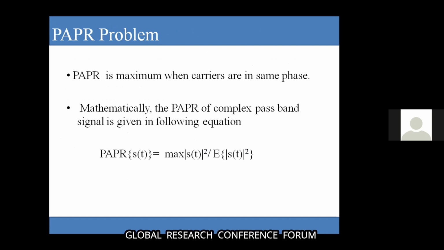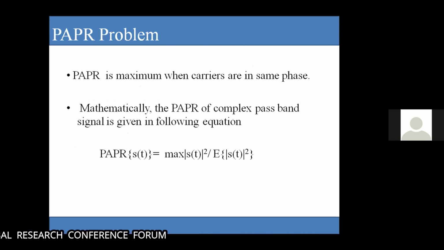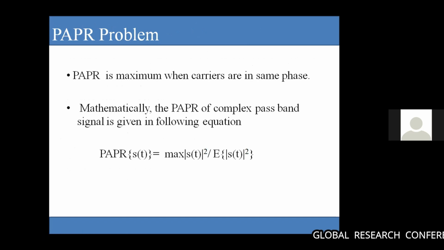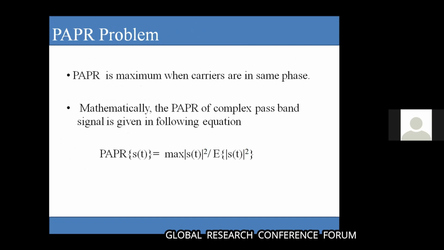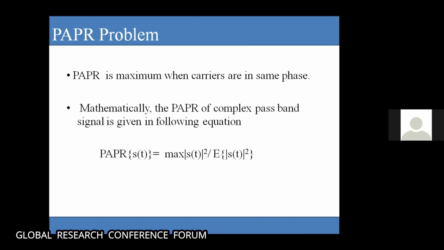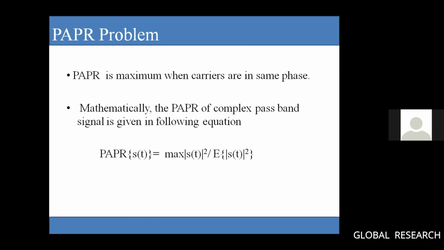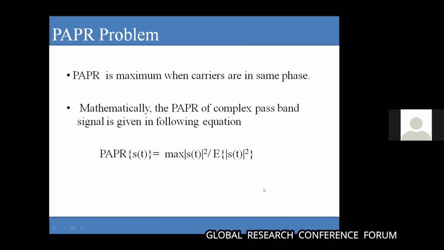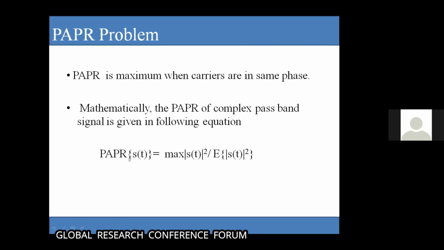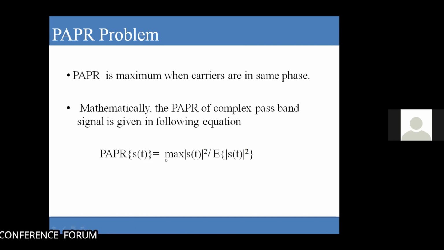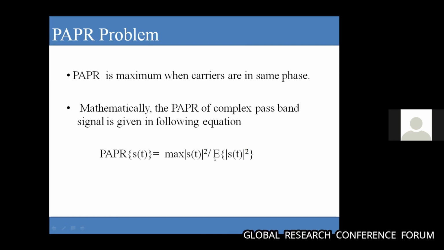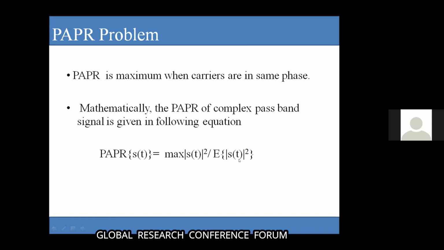So what is the PAPR? The PAPR is nothing but the peak to average power ratio. This power ratio is very high when the subcarriers are in the same phase. If you want to calculate the PAPR, we have the mathematical formula given here. The PAPR of the signal is equal to the maximum power of the carrier divided by the average power.